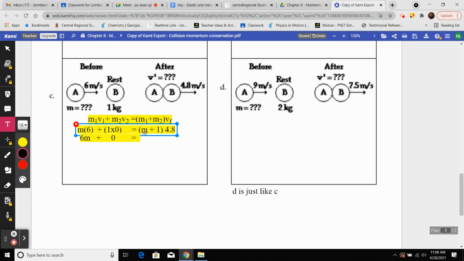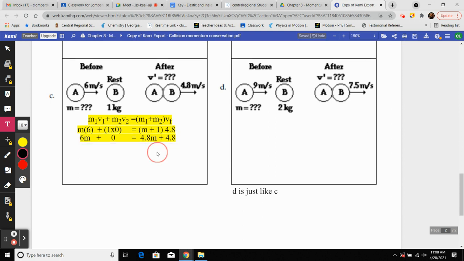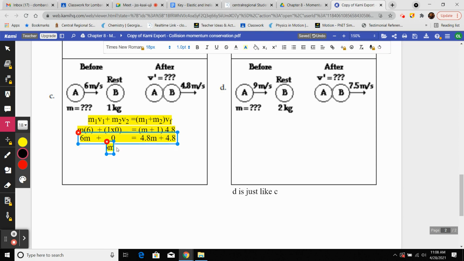So 4.8 times m is going to give us 4.8m plus 1 times 4.8, which is just 4.8. So this is what we're left with. What's 6m plus 0? What is anything plus 0? It's just whatever it was. So we have here 6m.